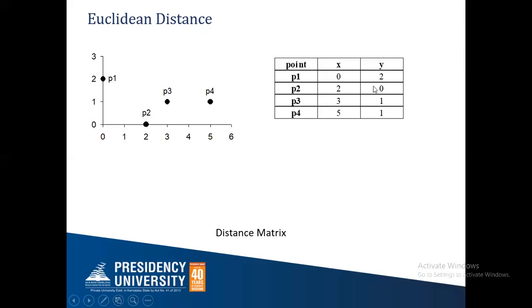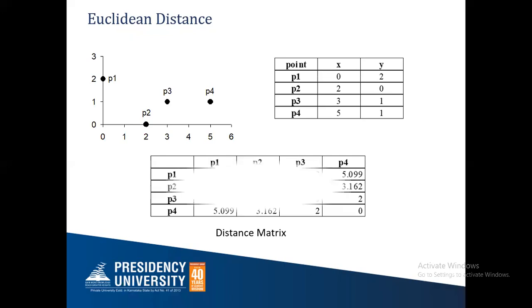We add these terms and take the square root. x1 minus x2, that is 0 minus 2 will give us 2 square, right? So that is 4 plus y1 minus y2 whole square, which is again 2 square, which is 4. So 4 plus 4 we get 8. So the distance will be square root of 8, right?